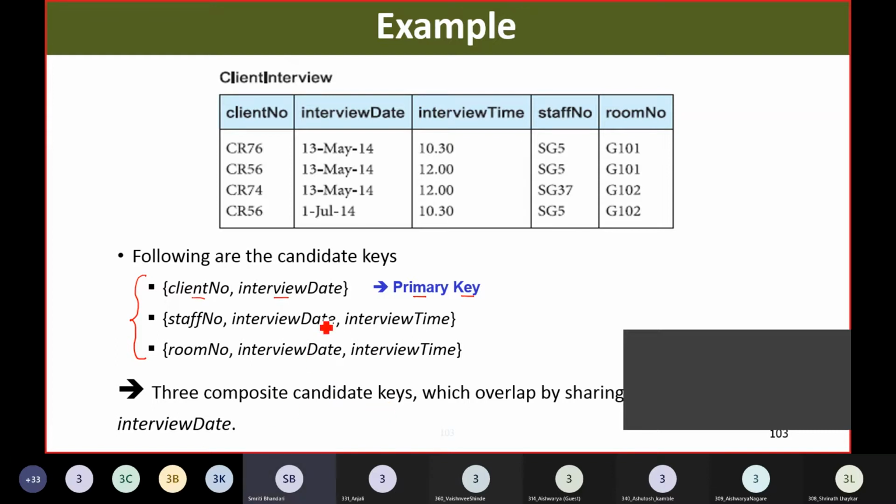But if we look at these candidate keys, they are sharing one common attribute, and that is interview date. So in every candidate key, we have this interview date common. That is just the observation.